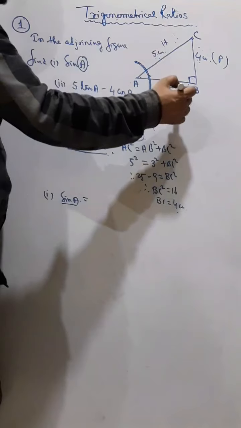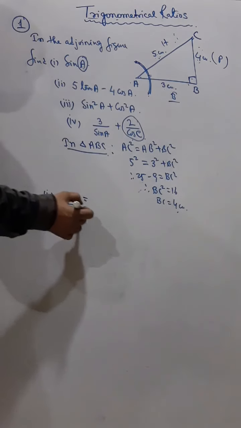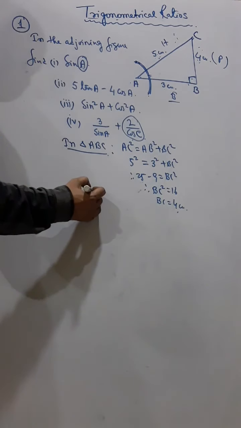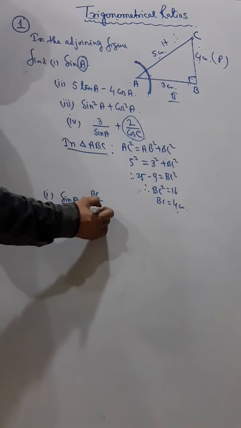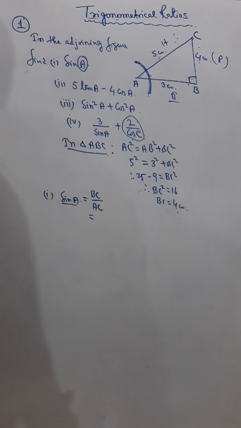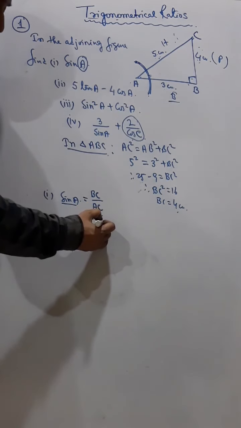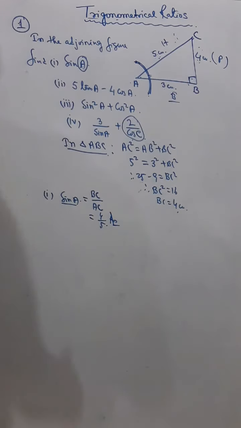So naturally the third side that is left is base. Now sine A means perpendicular by hypotenuse. So sine A is BC by AC, so I can say it is 4 by 5, 4 centimeter by 5. So that is sine A. Like this we can get all.